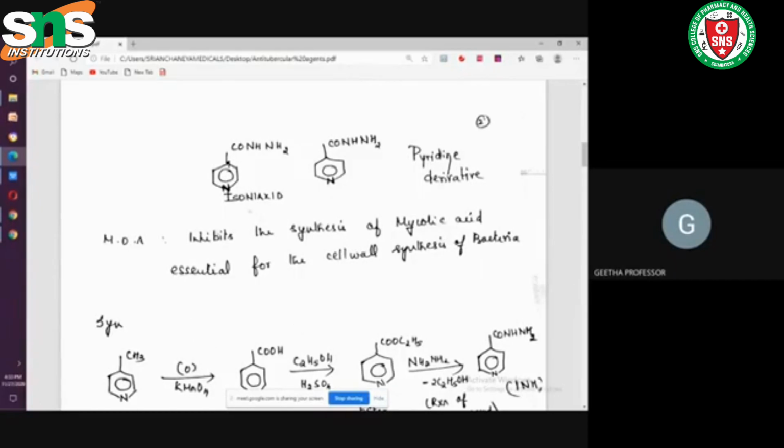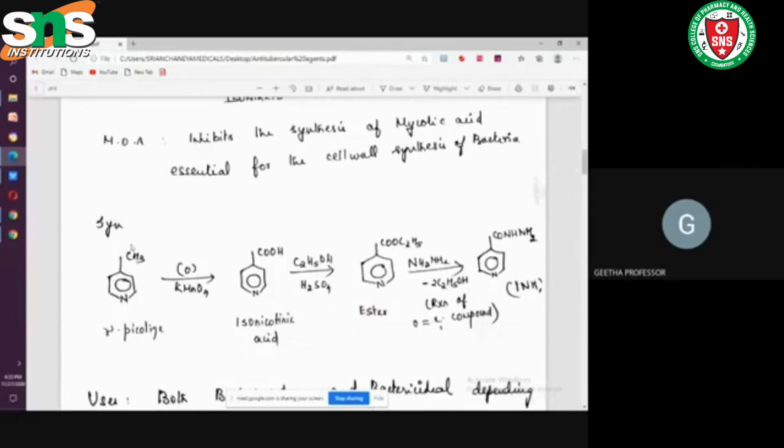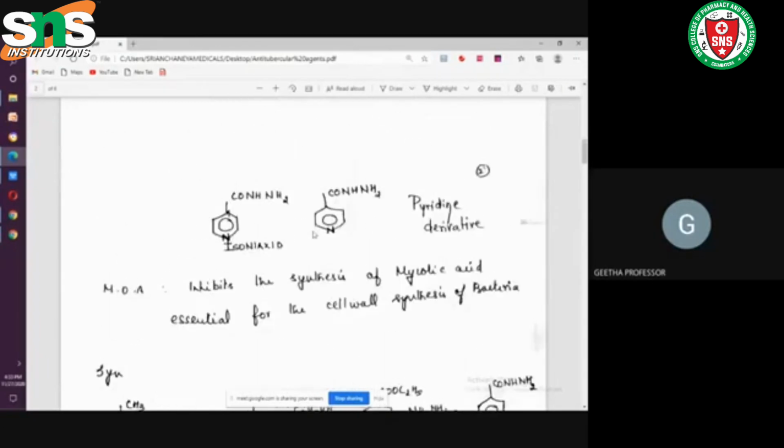The first drug is INH, isonicotinic acid hydrazide. How to synthesize it? We will see the synthesis in the last 10 minutes. First I will tell you about this drug. You have to draw a 6-membered ring containing 1 nitrogen.